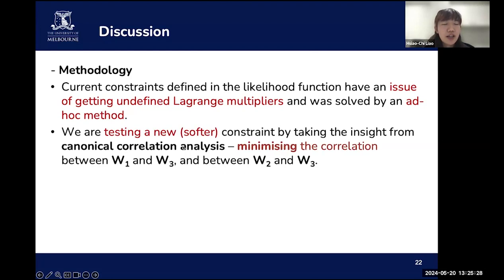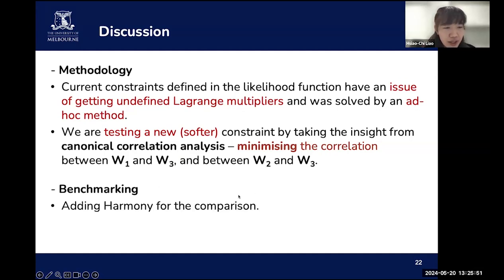So now we are developing a new strategy, where we want to apply a softer constraint by taking insight from canonical correlation analysis. The idea is to minimize the correlation between the distinct unwanted factors and the shared unwanted factors. We also plan to add Harmony for the comparison.